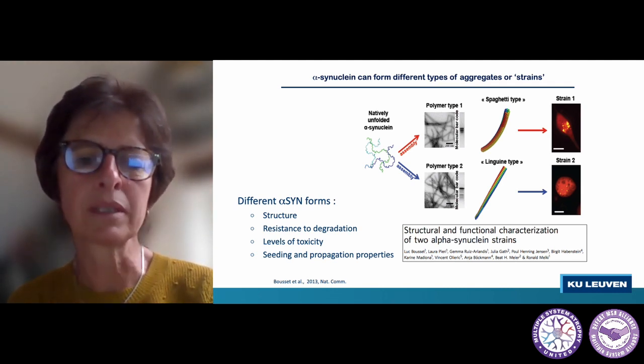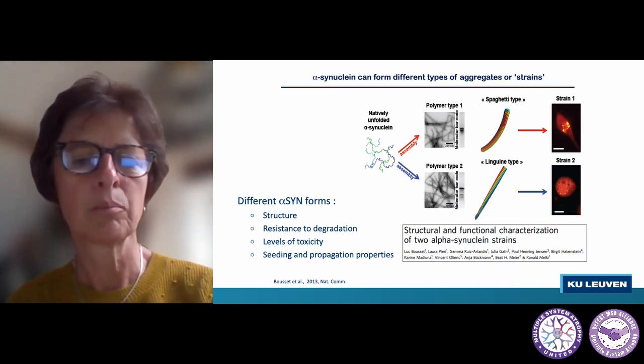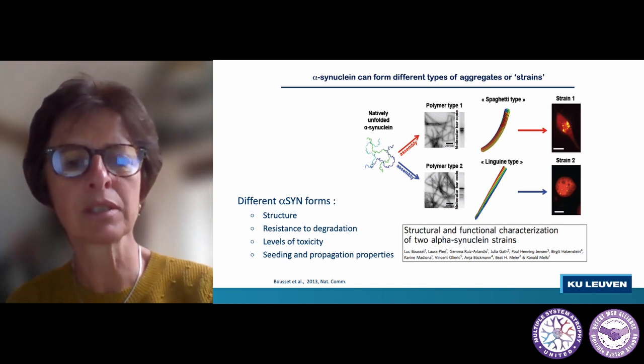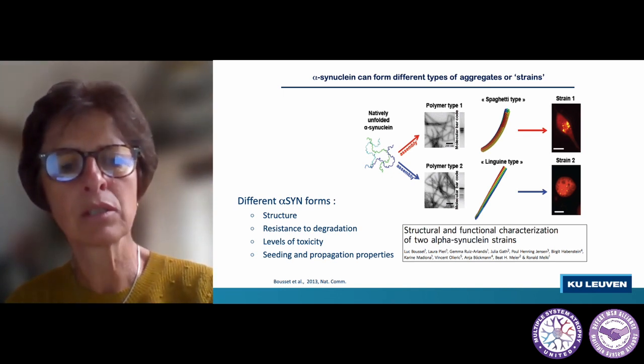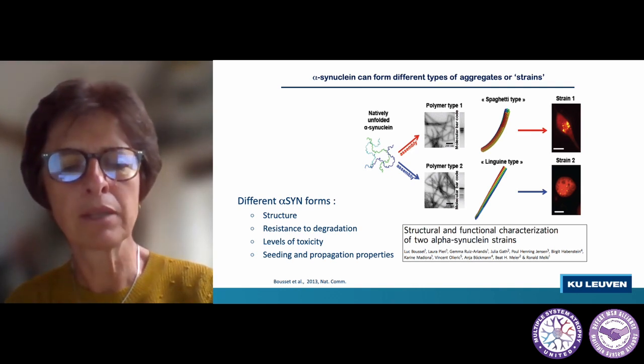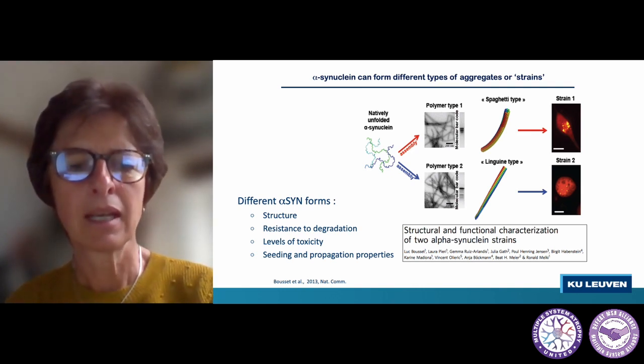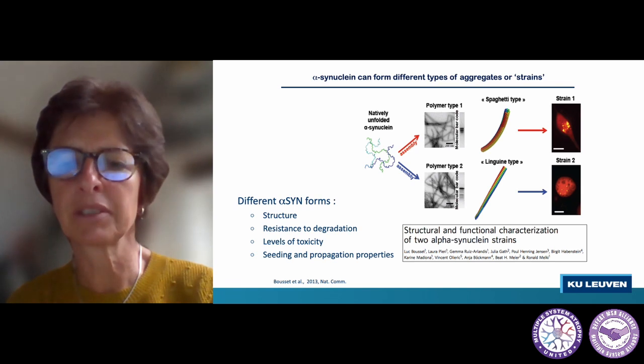And he could show that in vitro and in cell culture, these different polymers behaved quite differently. They had different characteristics in terms of structure, resistance to proteolytic degradation. They also showed different levels of toxicity in cells and different seeding and propagation properties.